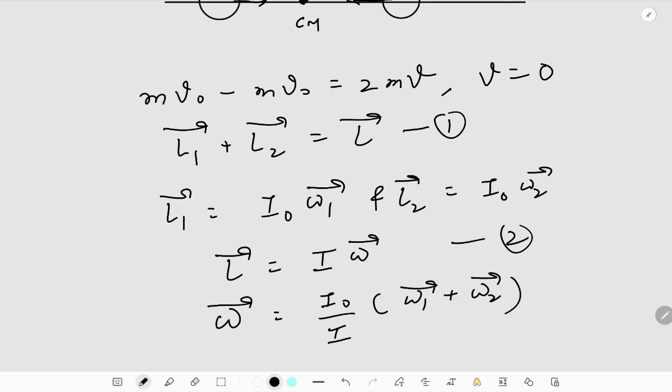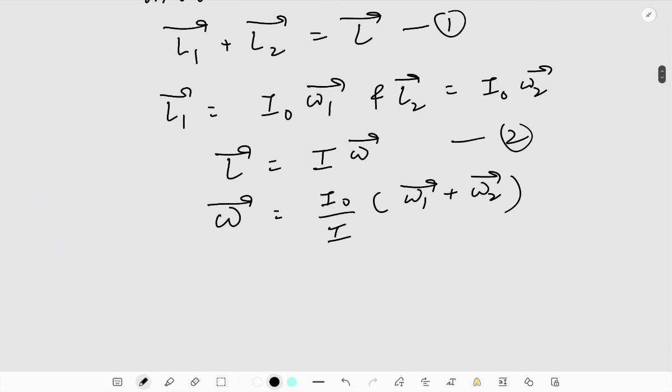To find omega 1 plus omega 2, we already have some information: the magnitudes of omega 1 and omega 2 were the same before the collision, equal to omega naught, but there was an angle between omega 1 and omega 2, and that angle was clearly equal to alpha.